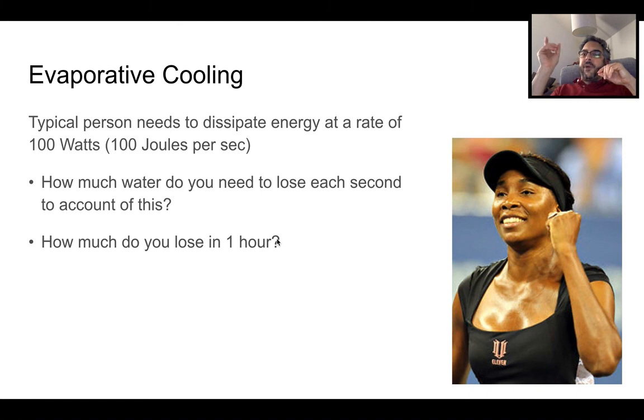So if you evaporate a gram of water, this could be a problem that we would do, you could then cool by something like 2,000 joules of heat taken away for every gram of water that you evaporate. So this is a problem we could handle pretty easily, and I may have you do something like that in discussion tomorrow.